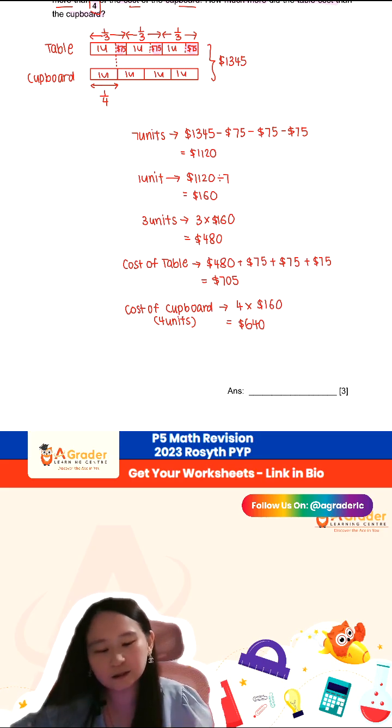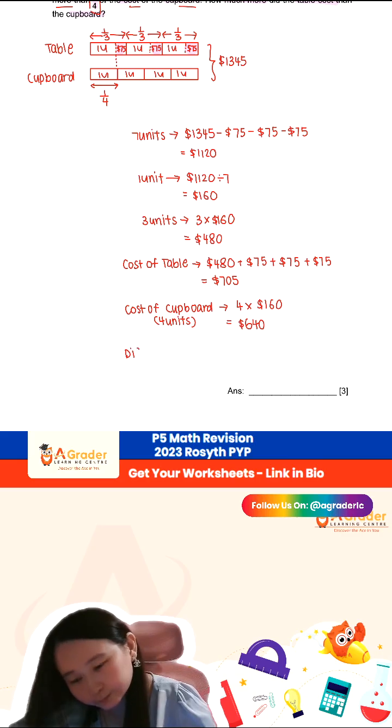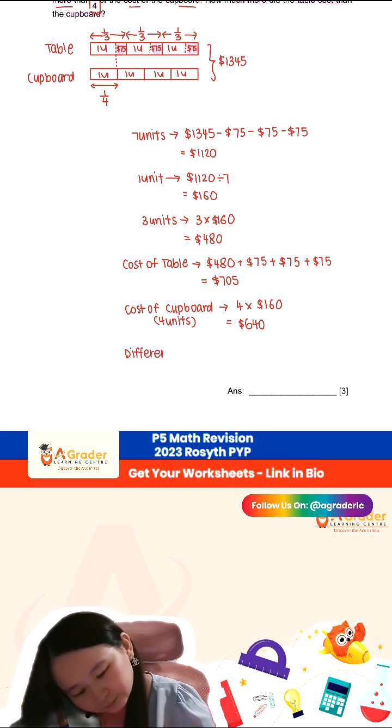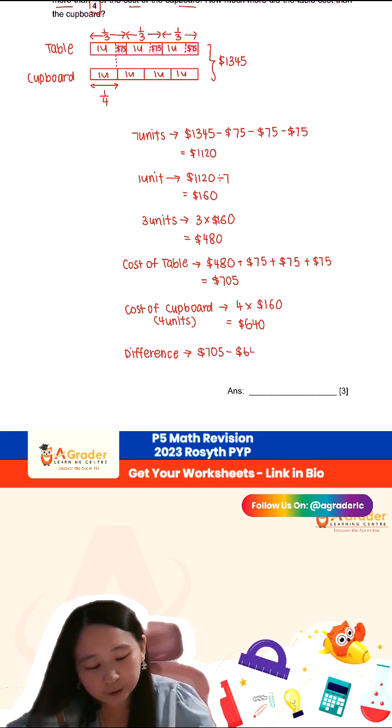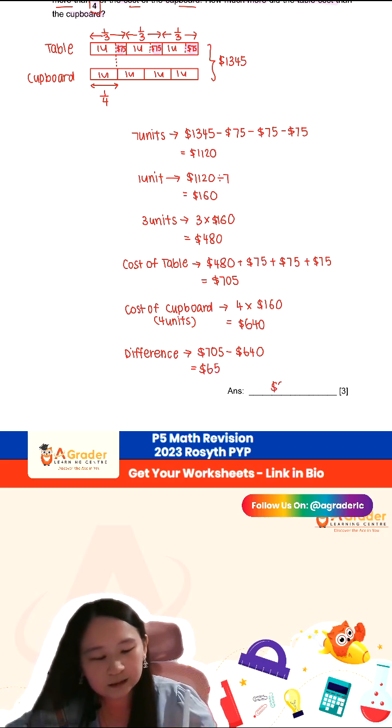Here we have the cost of each item, so we can find the difference. So the difference would be $705 minus $640, $65.